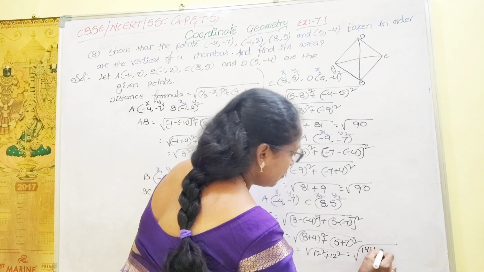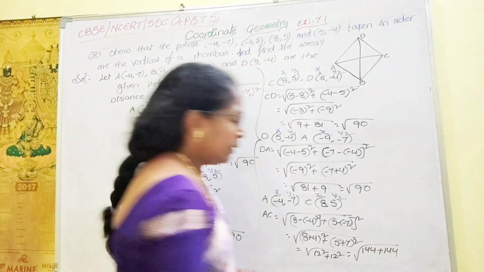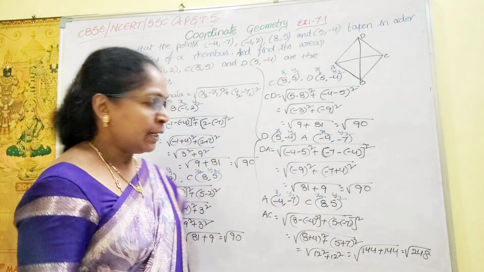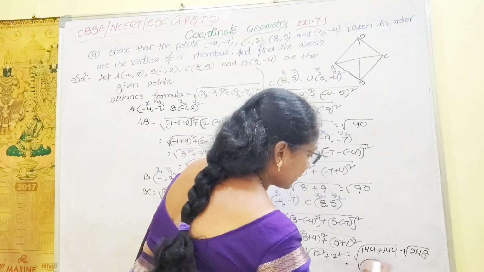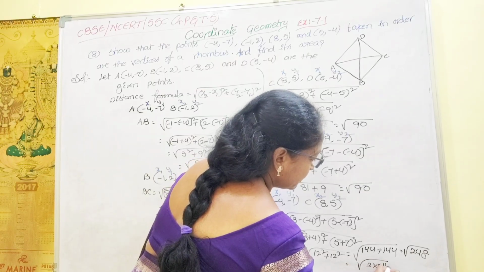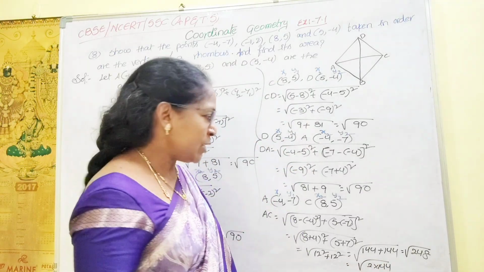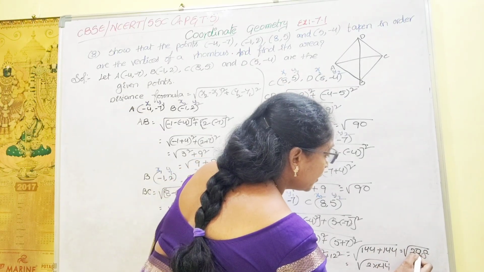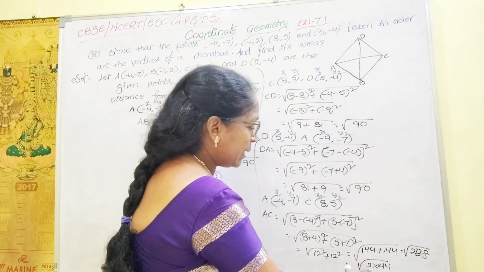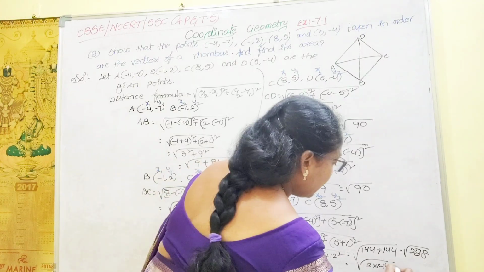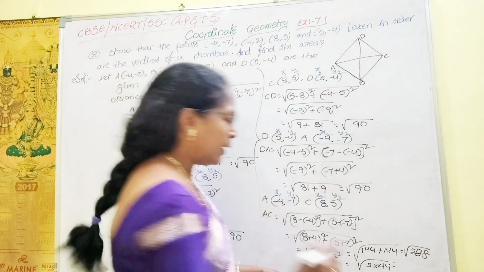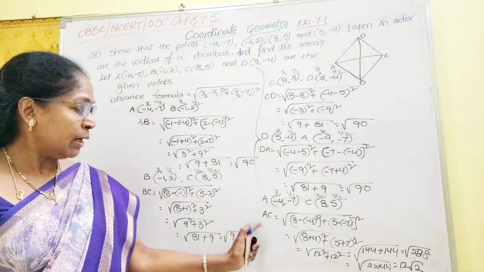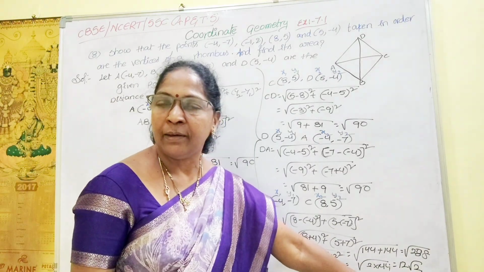So 144 plus 144 equals 288. This can be written as the square root of 2 into 144. Why? Because the square root of 144 equals 12 and the remaining value is root 2. How much did we get? AC equals 12 root 2.